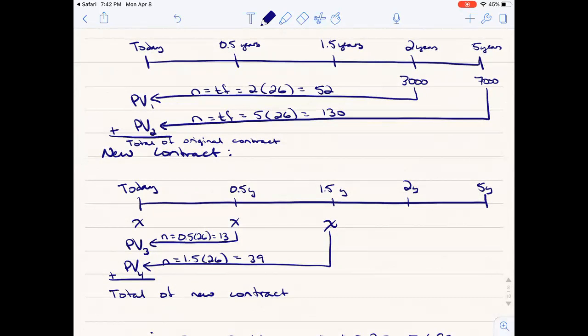Keeping in mind, on this side, for the new contract, we've also got that x today. We didn't have to move that x, but we can't forget about it when we're adding up our total.